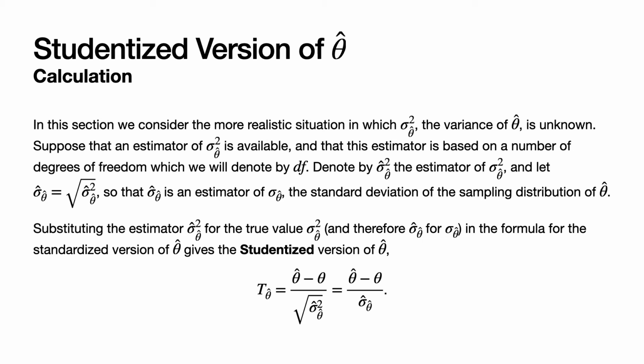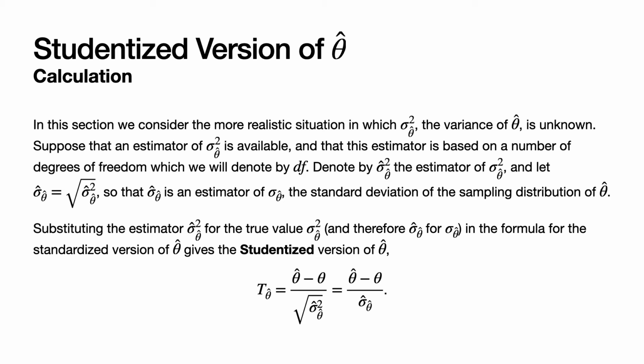Now substituting the estimator, sigma hat squared sub theta hat, for the true value sigma squared sub theta hat in the formula for the standardized version of theta hat gives the studentized version of theta hat. Instead of using z, we'll use t.